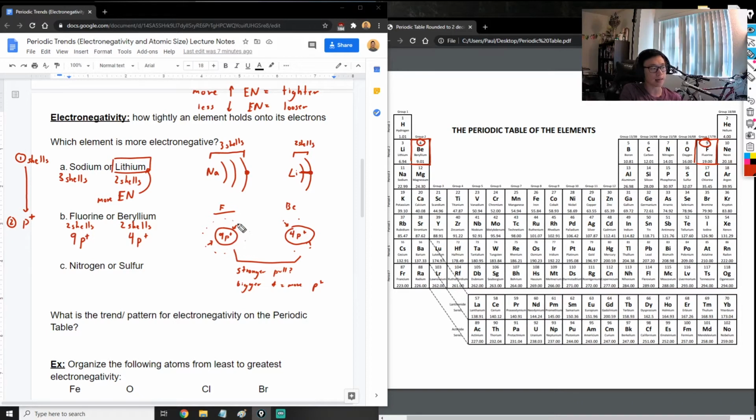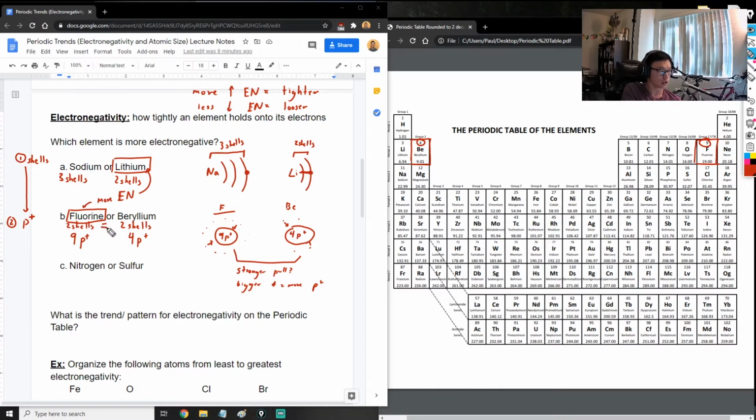Think of it like a magnet. We have a magnet with a power of 9, and we have a magnet with a power of 4. Which one is going to be able to pull other magnets towards it better? Obviously the stronger magnet, right? So since fluorine has more protons in the middle, it's going to be more electronegative than beryllium. And this is because it has the same number of shells.